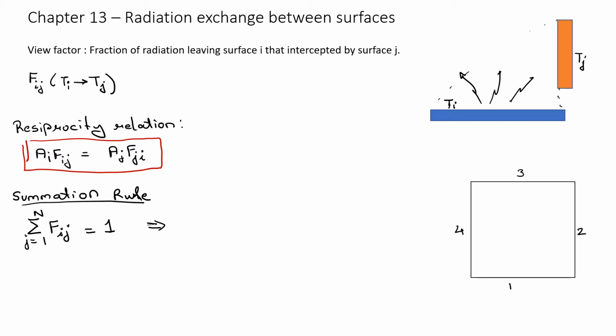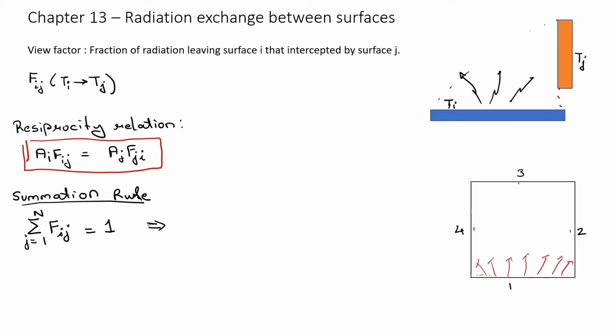Let's say you have a square which has 4 surfaces, and let's say these surfaces are the inner surface of the square. So this right here is surface 1, surface 2, surface 3, and surface 4. Now let's assume that surface 1 is emitting radiation in all directions.